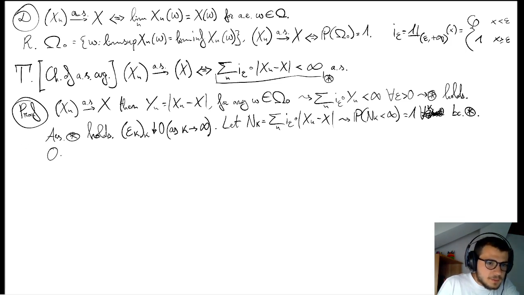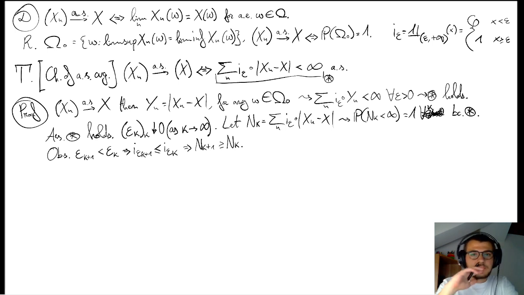Now observe that epsilon_{k+1} is smaller than epsilon_k, meaning that I_epsilon_{k+1} is smaller than I_epsilon_k, which in turn implies that N_{k+1} is greater than N_k.